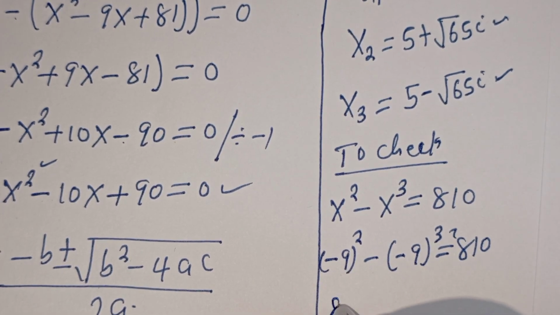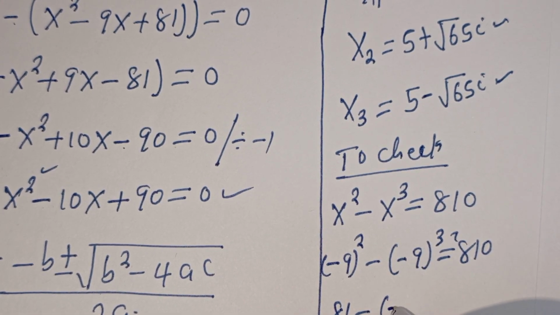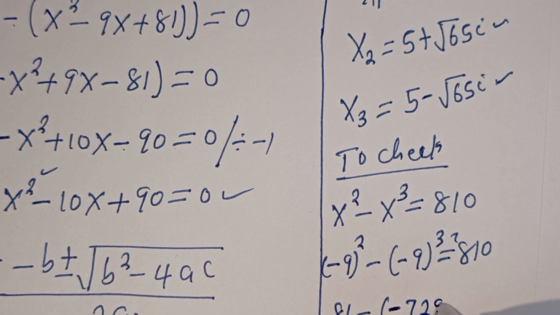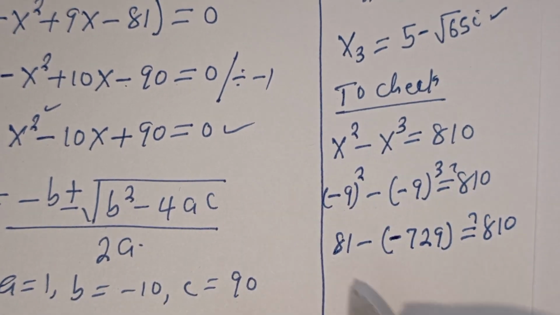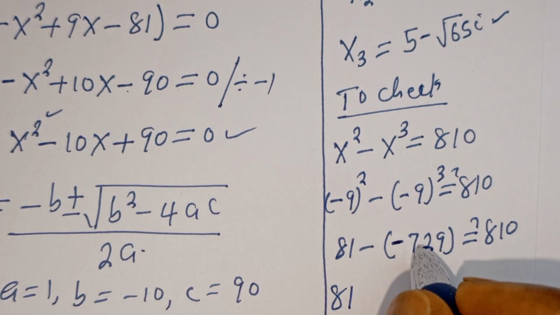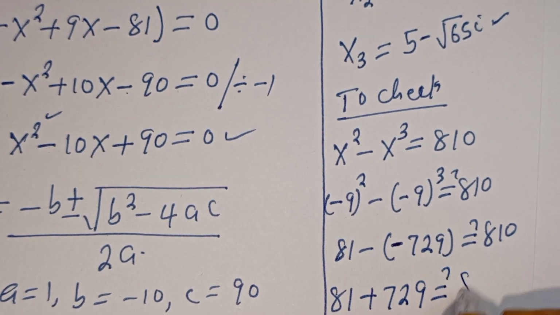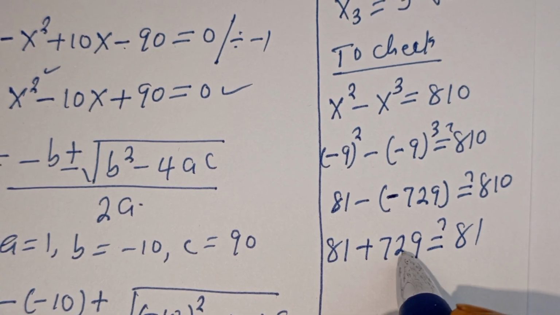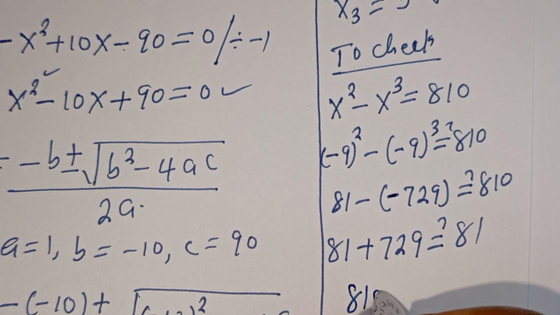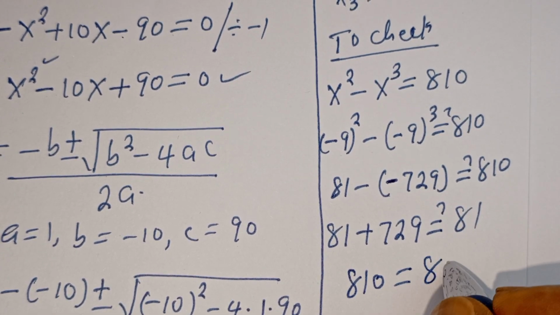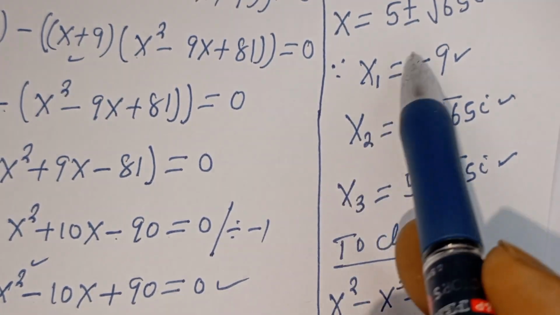Minus 9 squared, this is 81, minus bracket minus 9 to the power of 3, that is minus 729, must be equal to 810. Then this is 81 minus times minus 729, that is plus 729, must be equal to 810. Then 729 plus 81, this is 810 is equal to 810, which is true at s is equal to minus 9.